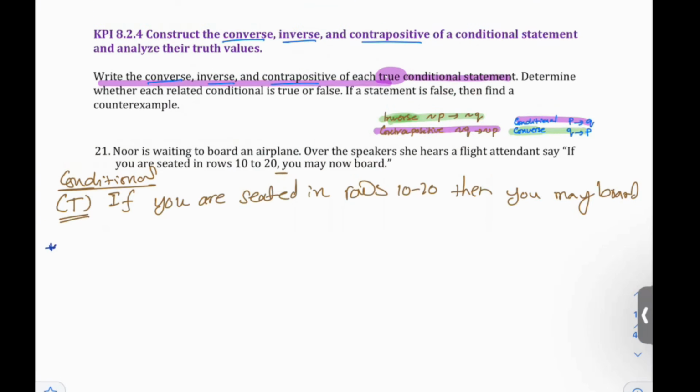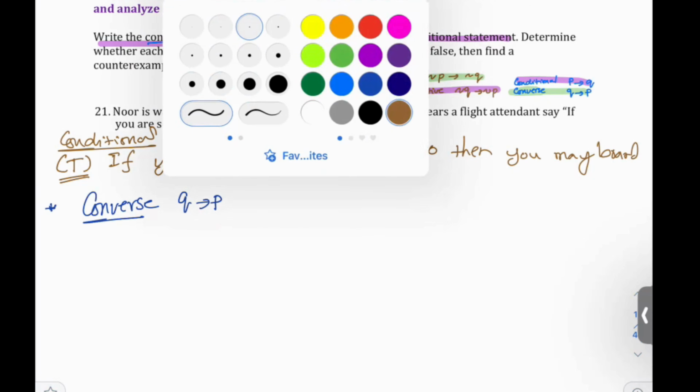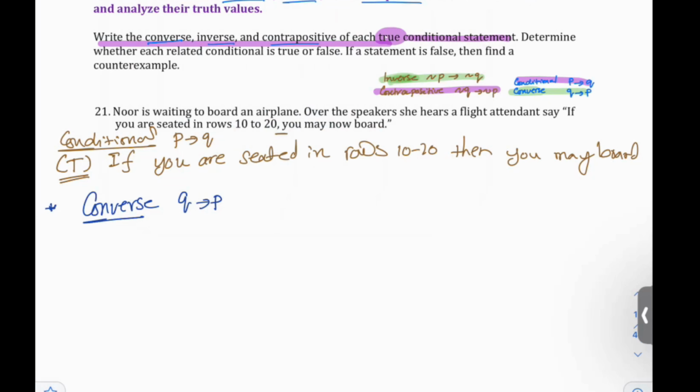First, what do we need? هي طالب مين بعد؟ Converse. Converse we said it's Q to P. يعني هذا أول واحد, the first one is P going to Q, while this one is Q going to P. So you will reverse the directions.